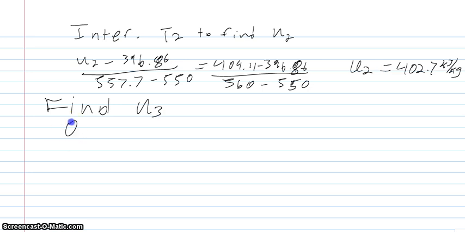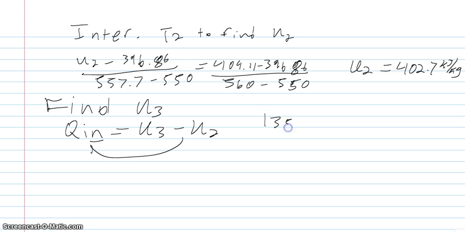U3 is equal to, well, actually Qn is equal to U3 minus U2. So if you just add U2 over to here, you find U3. So 1,350 plus 402.7 equals 1,752.7 kilojoules per kilogram.